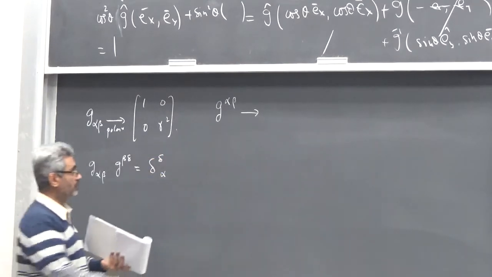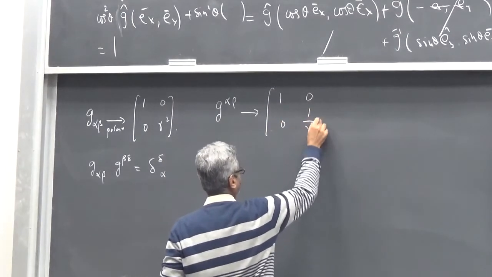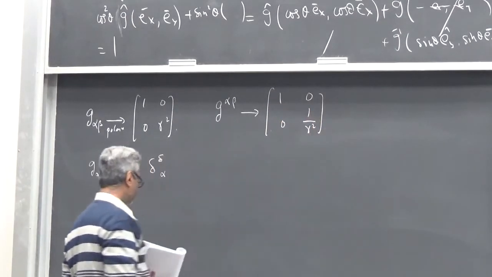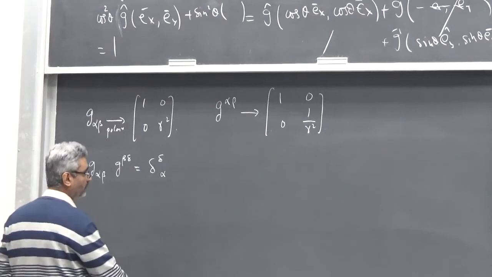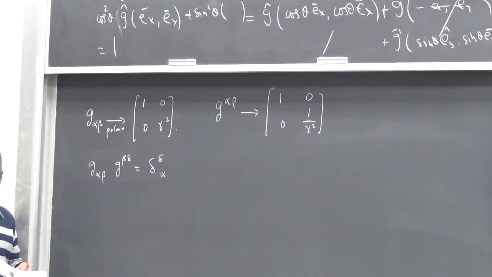And so this will become 1, 0, 0, 1 over r squared. So how did it become 1 over r squared? You tell me. For it to be inverse, for this equation to hold true.